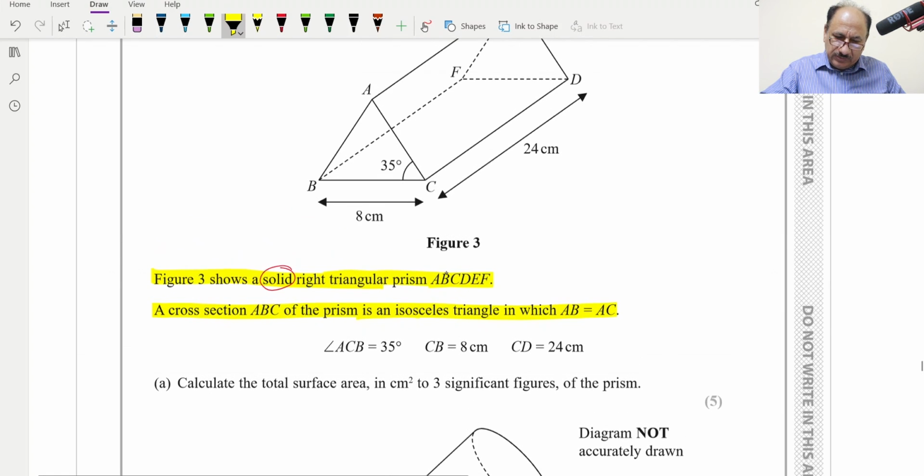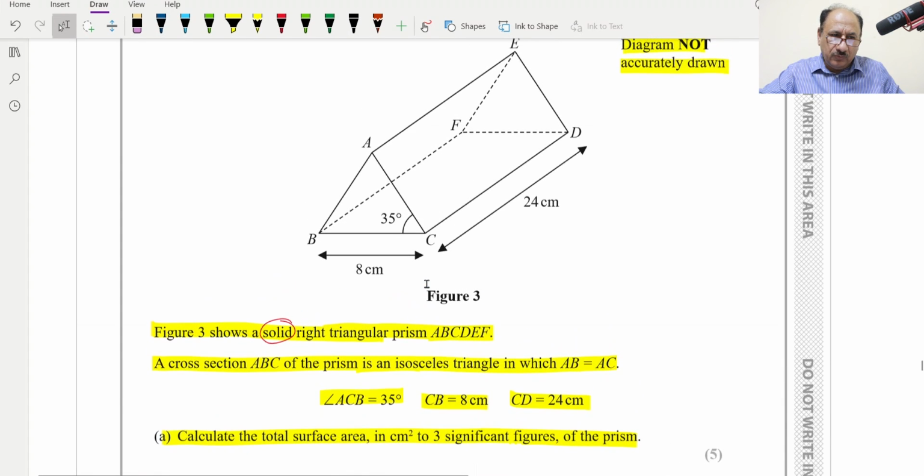Angle ACB is equal to 35, CB is equal to 8, and CD is equal to 24. Calculate the total surface area in centimeter squared, to three significant figures, of the prism.